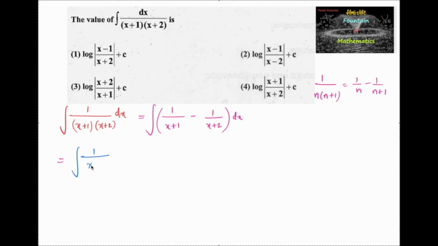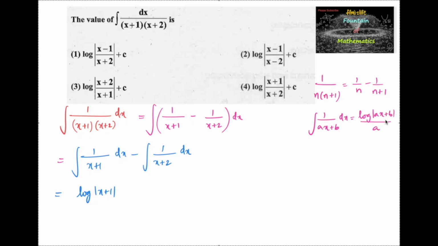Integral 1 upon (x plus 1) dx minus integral 1 upon (x plus 2) dx, which is equal to log mod of (x plus 1), because integration 1 upon (ax plus b) dx is equal to log mod of (ax plus b) divided by a.